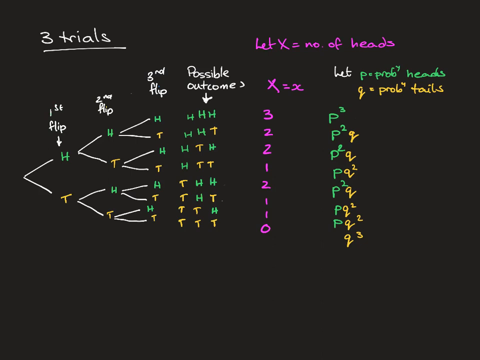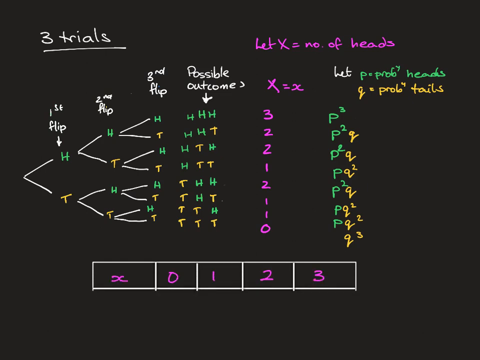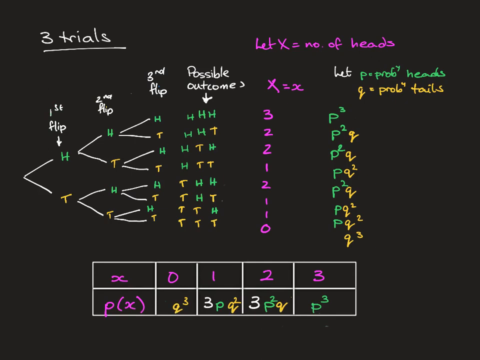If we go through and again summarize that information into a probability table for 0, 1, 2 and 3, for x equal to 0, which is this branch here, the probability is q cubed. For x equal to 1, we've got a few of those, and so we actually have 1, 2, 3 of them.